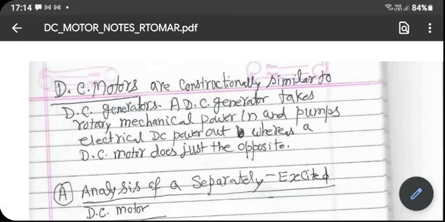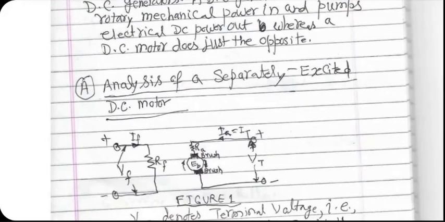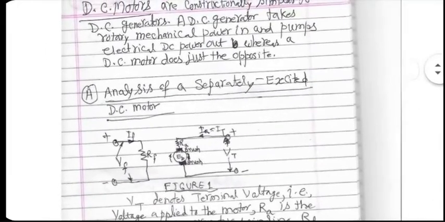So the DC motors discussion you will see will take a path slightly different from what we saw in case of DC generators. But be aware that construction is virtually the same, and most of the equivalent circuits will be slight modifications of what we did for generators.